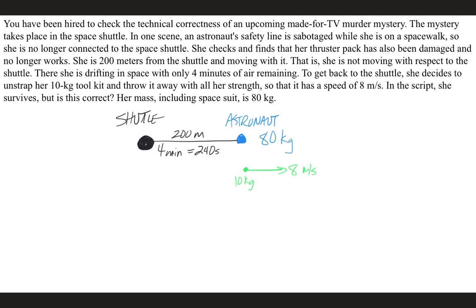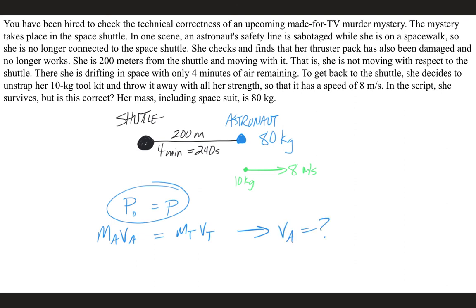So really, I have P initial equals P final, which is going to be mass speed product of the astronaut, mass speed product of the toolkit. Okay, these have to equal one another. Technically, you don't necessarily need to do that. Just need to know that these have to be equal and opposite. Okay, and that means that you can solve for the velocity of the astronaut.